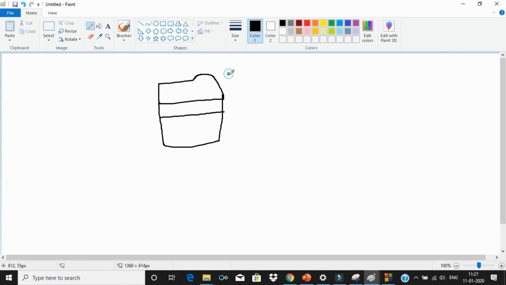The topmost has width W1, the second one has width W2, the bottommost has width W3.